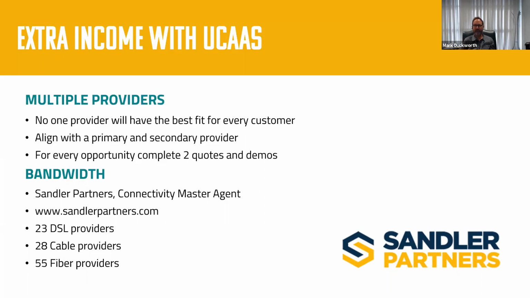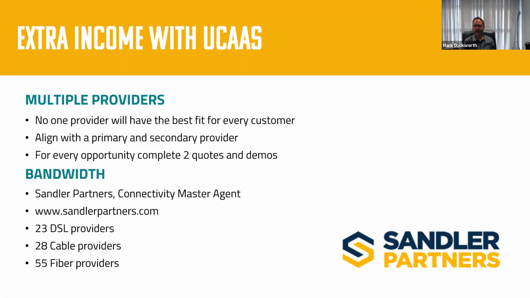It could be something as simple as FiOS. It could be AT&T ABF, which is their UVerse product, or it could be a managed fiber solution. So let's make sure that you're doing that and getting that extra revenue, and it also helps the quality of your deal.